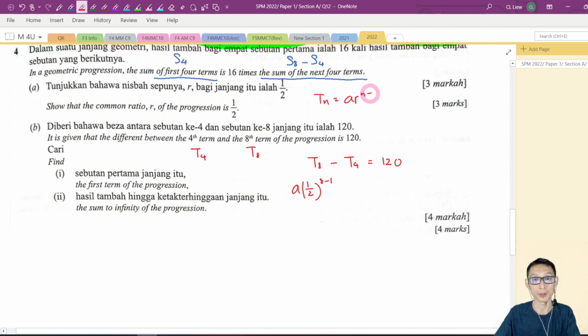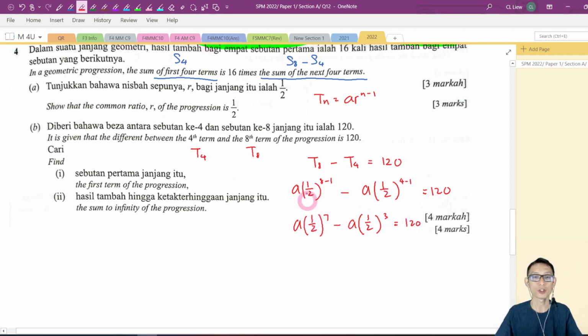A R n minus 1. You are using this formula now. So here do the same thing. A R n minus 1, 4 minus 1 is equal to 120. So this will give us 7, and this is 3. So okay, this one you just press your calculator.